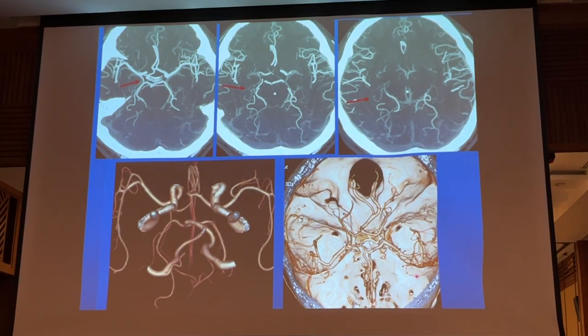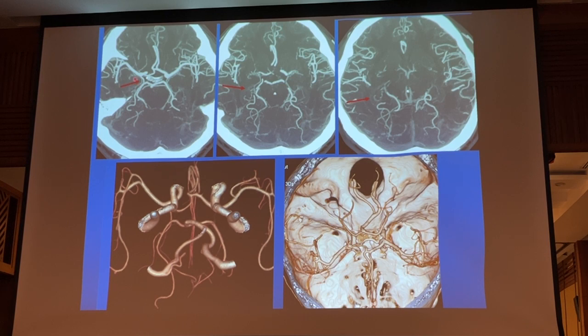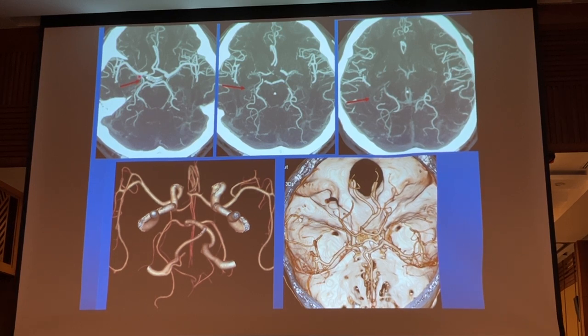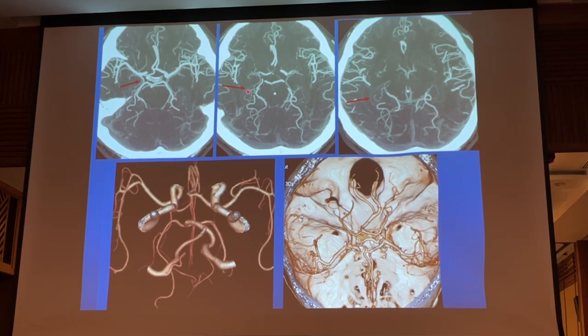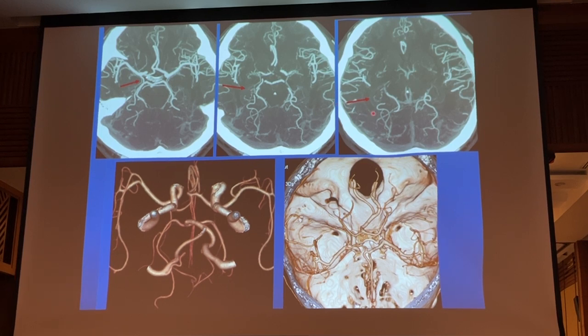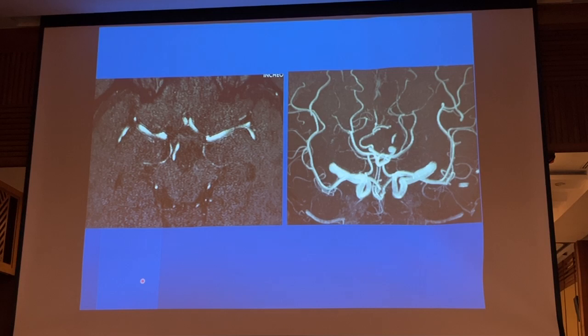As for the course of the artery, from the posterior surface of the internal carotid artery, it goes medial to the uncus, goes around and enters, and the supply goes to the medial portion of the temporal lobe and enters the choroid fissure, and supplies the choroid plexus. This is one example of the course of the anterior choroidal artery.